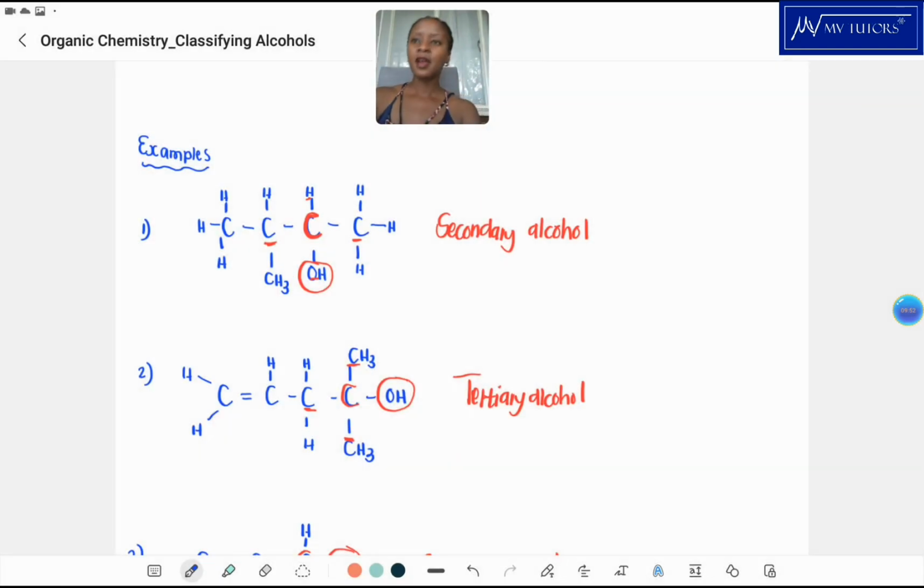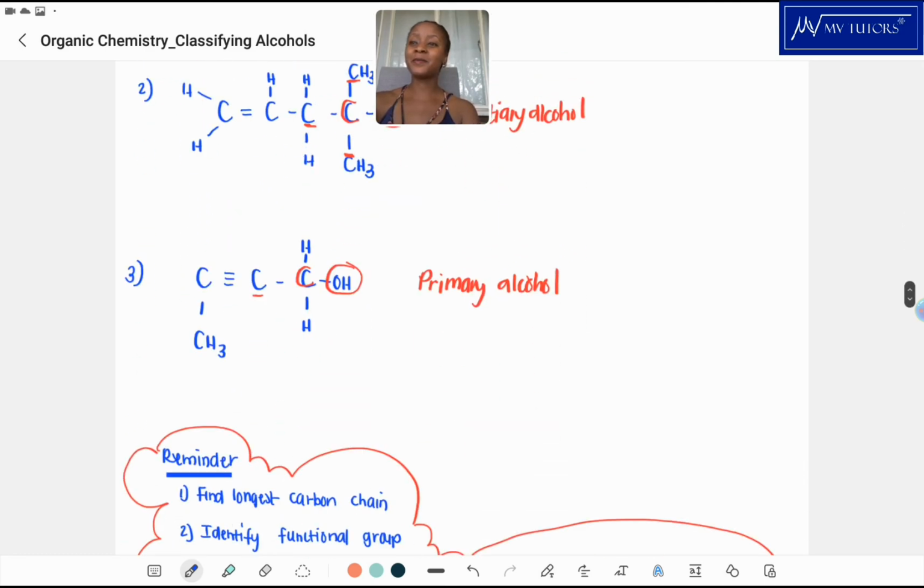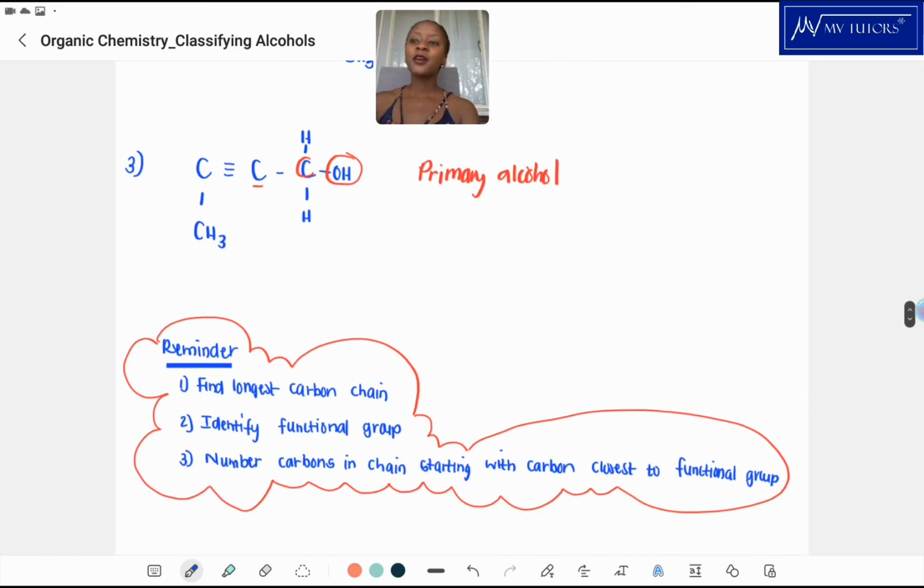Alright, so I just have a few rules just to remind you again of how you name your organic compounds. First of all, we're going to find the longest carbon chain, okay? Secondly, we're going to identify the functional group. Well, here we're basically dealing with alcohols, so that's a no brainer. Thirdly, you're going to number the carbons, okay?